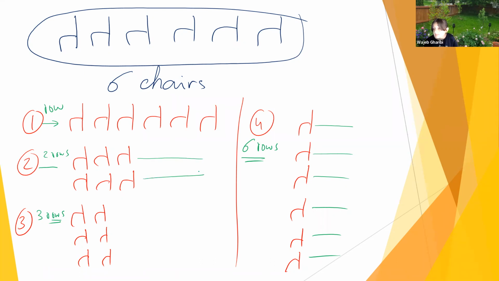Every row has 3 chairs, or 3 rows, every row has 2 chairs, or 6 rows, every row has 1 chair.